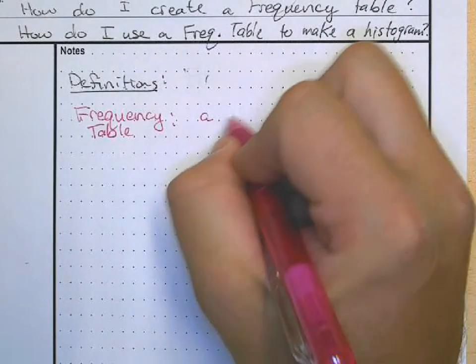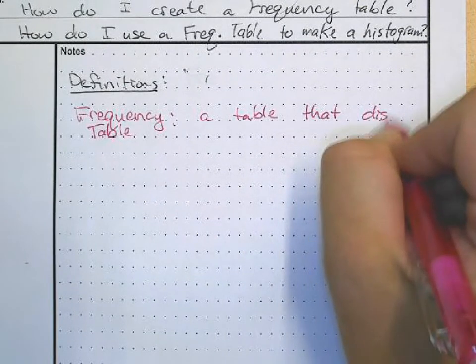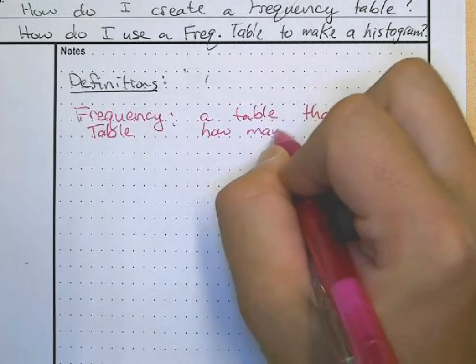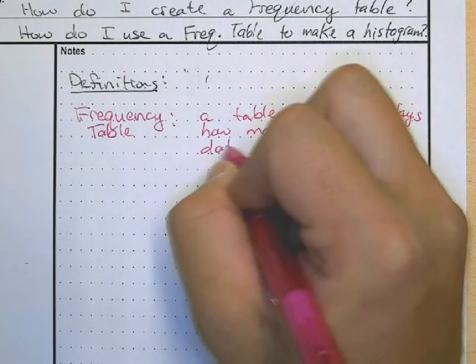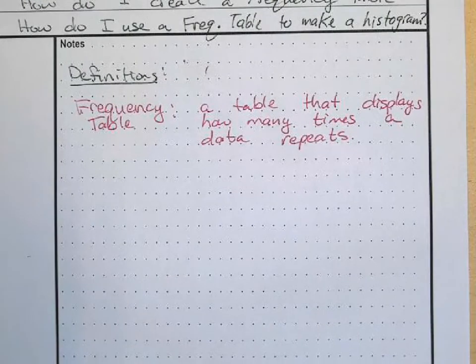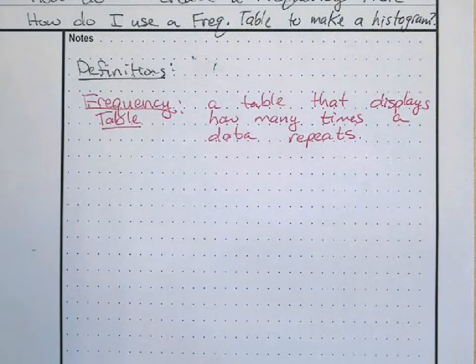A frequency table is a table that displays how many times a data point repeats. So a frequency table is just a table, and it'll show us how many times a particular data point repeats itself.